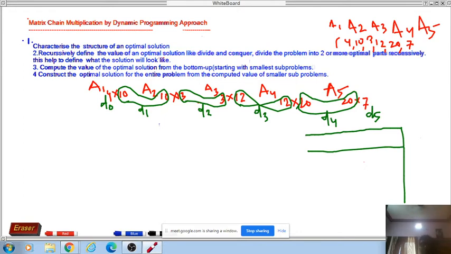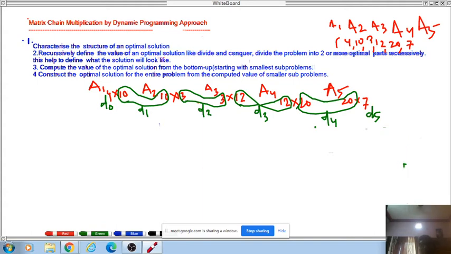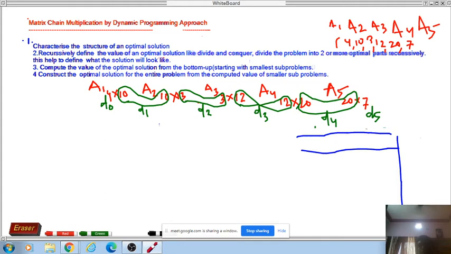Suppose this is one column, this will be the second column, and I have to make a larger table, not very small. This is your first row.